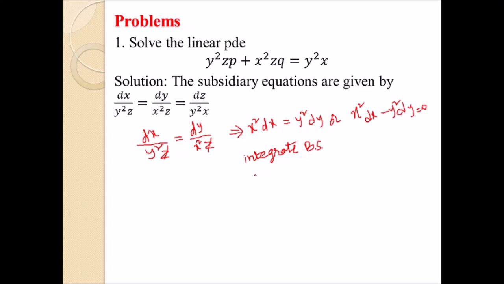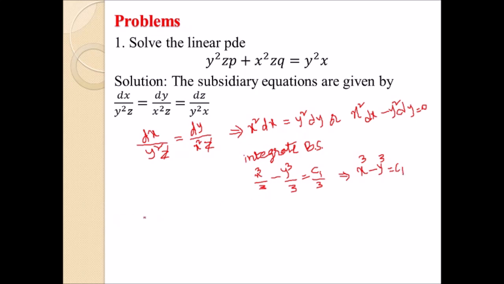So we get here x cube by 3 minus y cube by 3 is equal to some constant. I'll take it as c1 by 3. This is x cube minus y cube is equal to c1. This is my first independent solution.